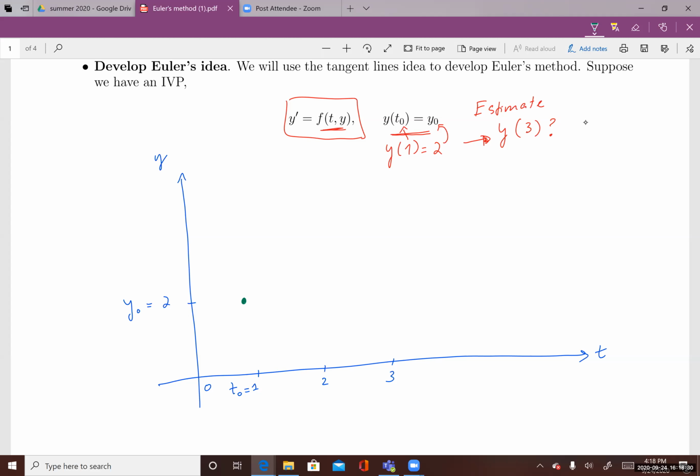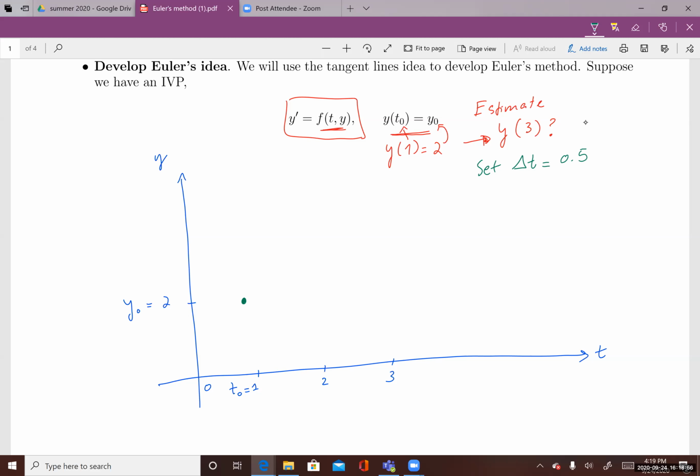And I define the width of each step is gonna be 0.5. So I set, I call it delta t. Delta t is a fixed distance between the two consecutive steps in my estimation. So delta t equals to 0.5.